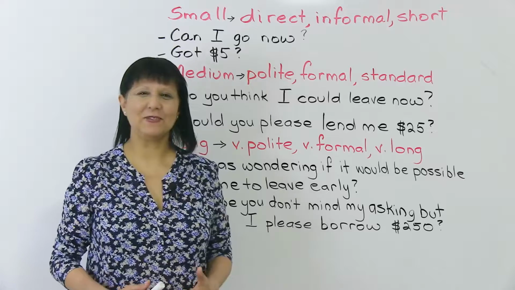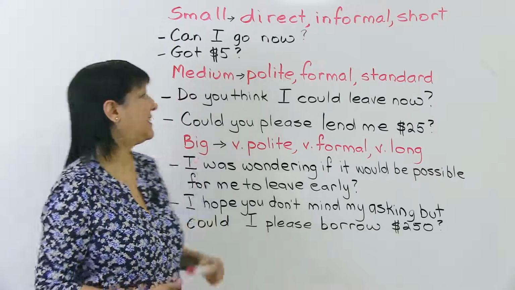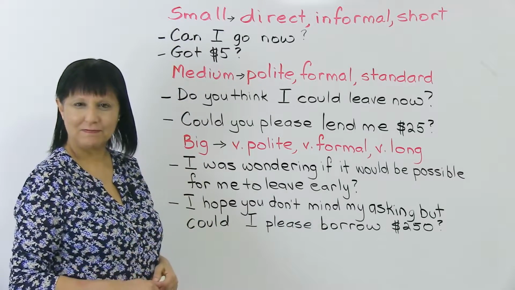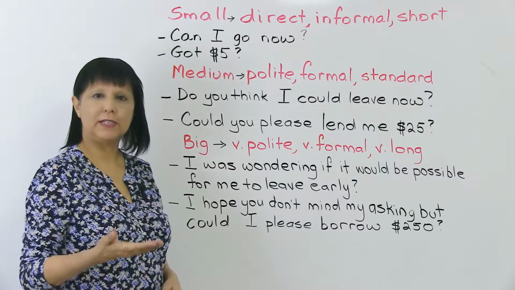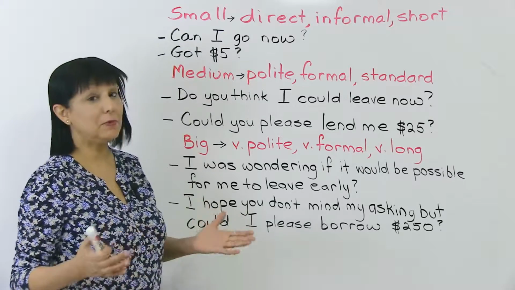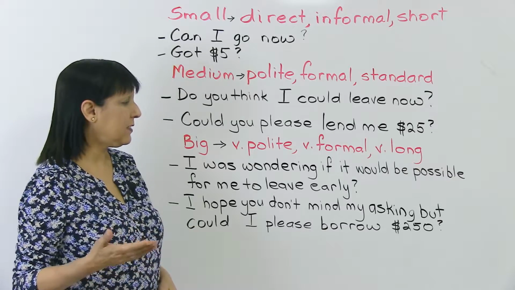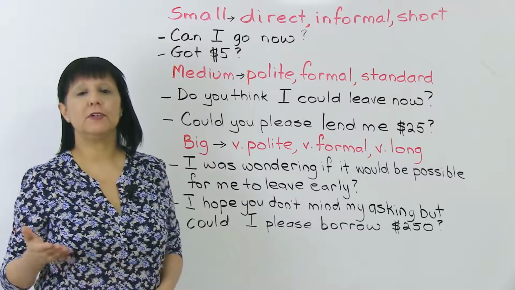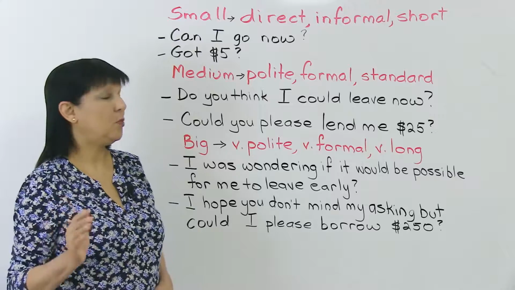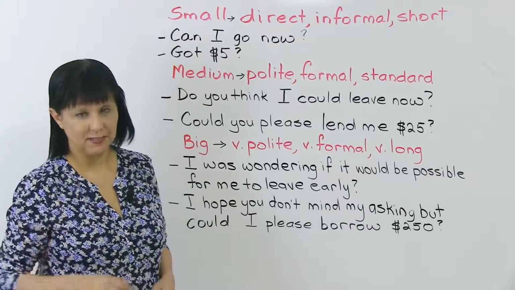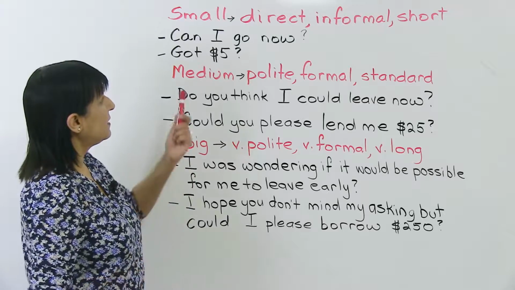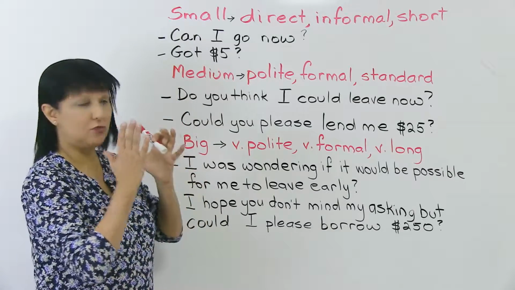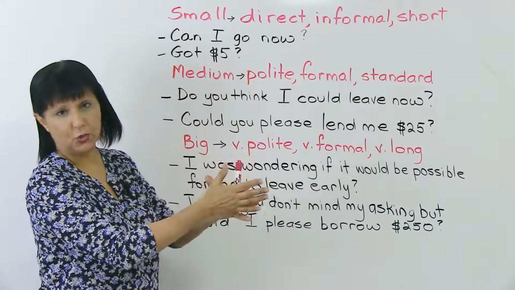Okay, so let's start with a small request. Can I go now? Medium request. Do you think I could leave now? Big request. I was wondering if it would be possible for me to leave early. So, what were some of the characteristics of these three different kinds of requests? Okay, the small one was a little bit more direct, informal, and short.